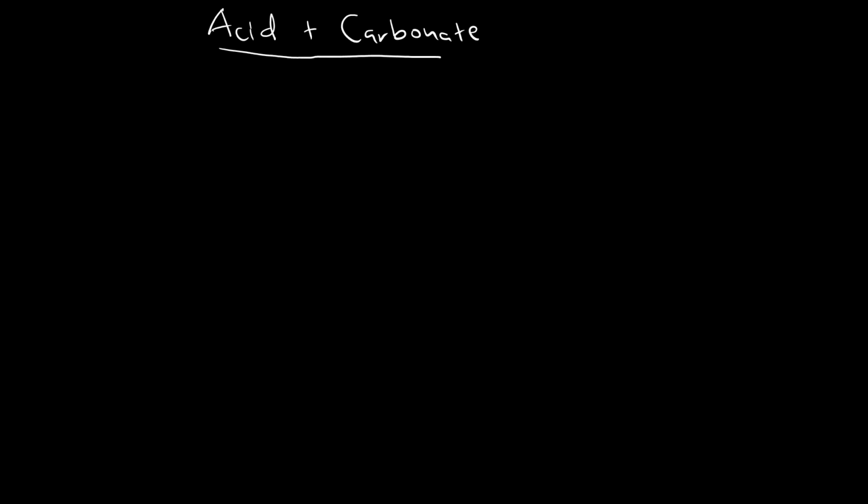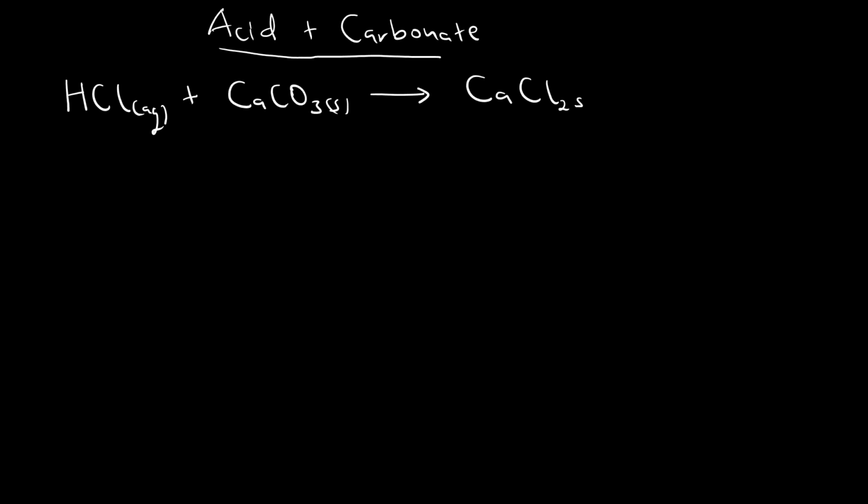So when you look at our hydrochloric acid, aqueous, reacting with the calcium carbonate, the marble chips, these are usually in solid state, to form our calcium chloride. Aqueous, calcium chloride is soluble, plus carbon dioxide gas, plus water.